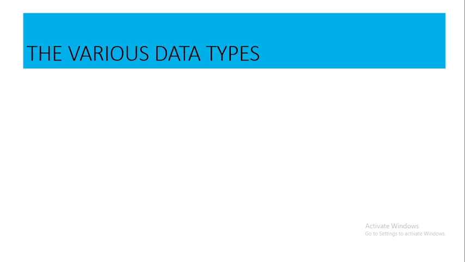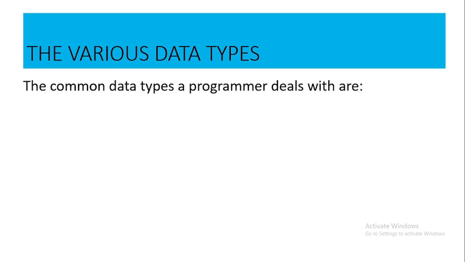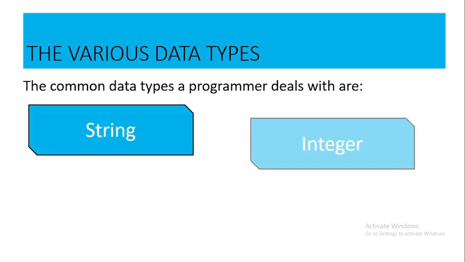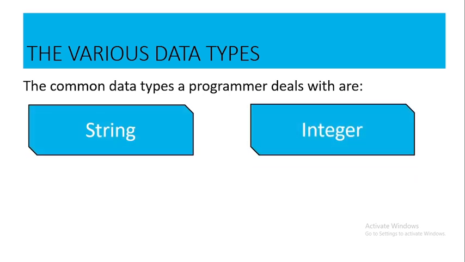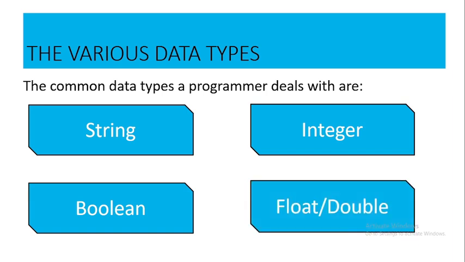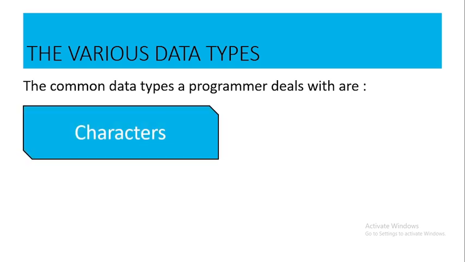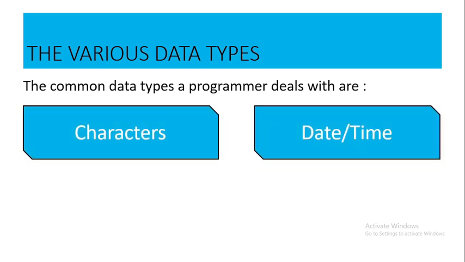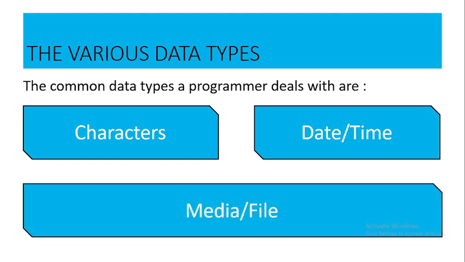Now, let's look at the various data types we have. So the common data types a programmer deals with are string, integer, boolean, float or double, characters, dates and time, and then the last one we will add is media or file.